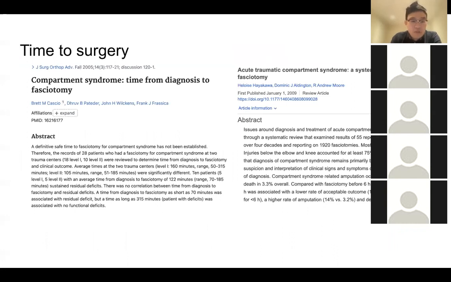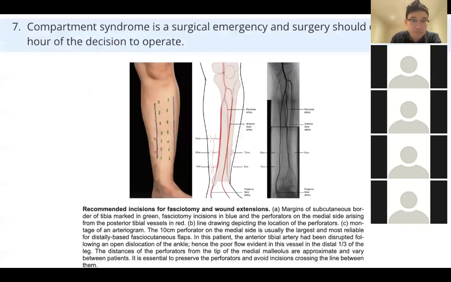And the time to surgery, specifically in BOAST, it states that within an hour, you need to do an urgent surgical decompression. Now, there are papers that you can quote to go as soon as possible, or what the cutoff is to get the best outcome. And these are just some papers that will be available on YouTube for you to have a look at. So we won't dwell into how many hours, but as soon as possible.